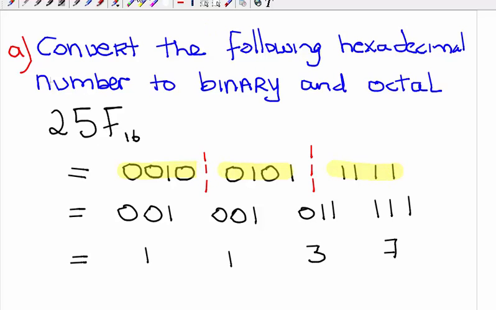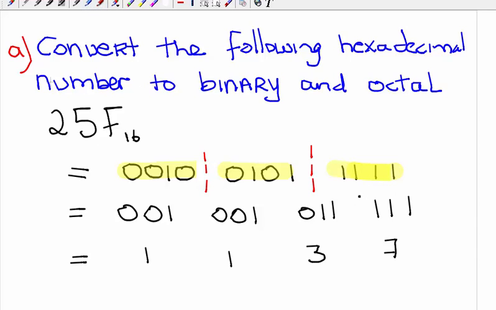But to convert to octal, what we're going to do is regroup them into groups of 3. We start from the right hand side and regroup them into groups of 3.